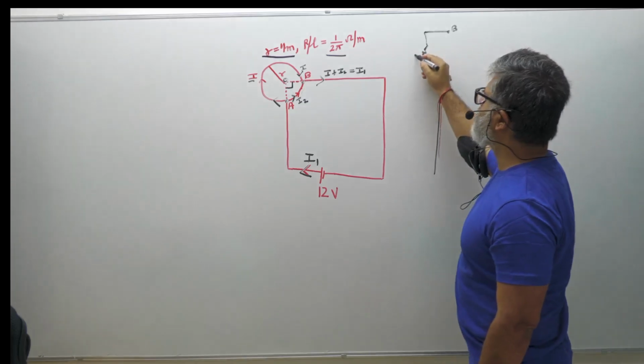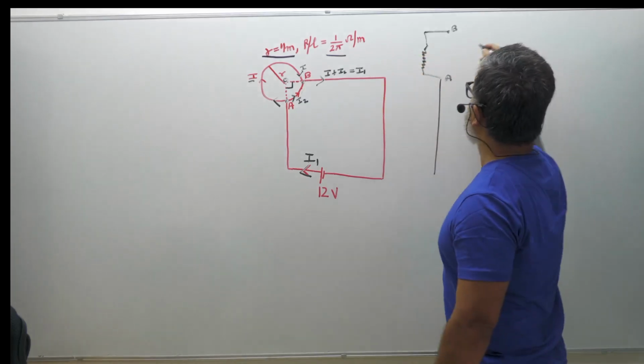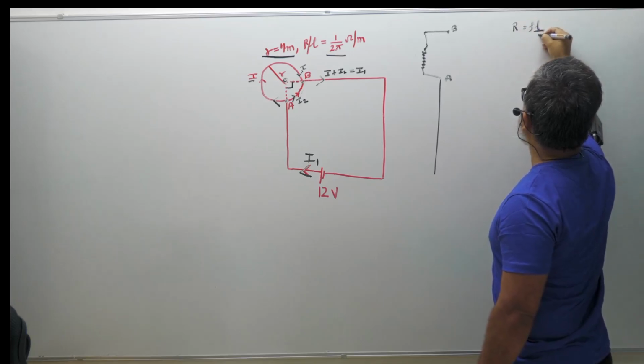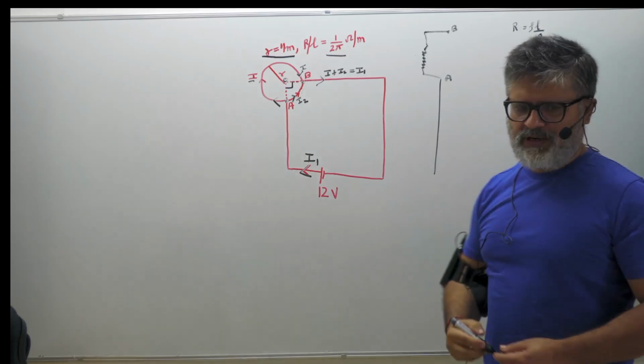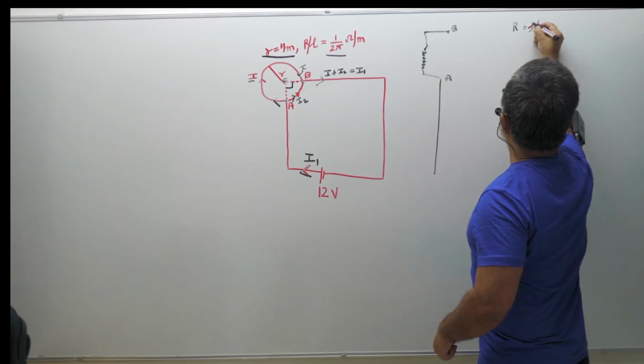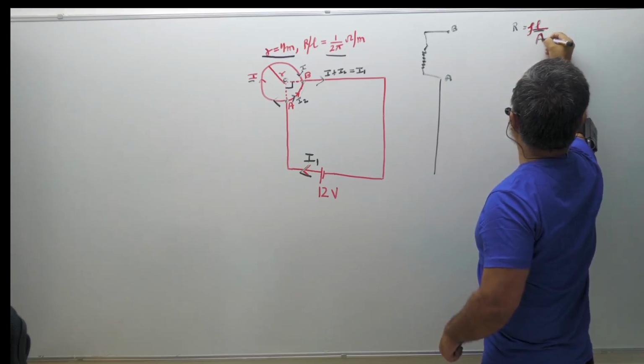This is 3/4 of the total resistance because resistance is given by R equals rho L by A. We already know that.